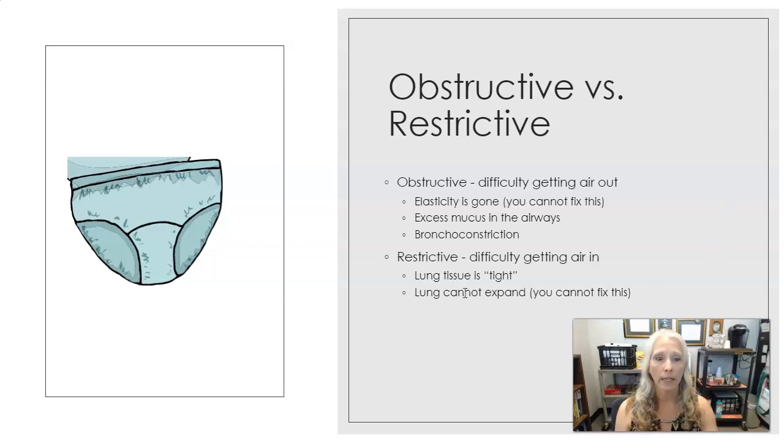Now, restrictive means that the lung tissue is tight and you have trouble getting air into the lungs, and the lungs cannot expand. So you can't fix that either. You can't fix missing elasticity, and you can't fix the inability for the lung tissue to expand.